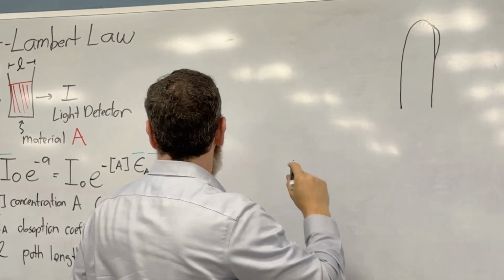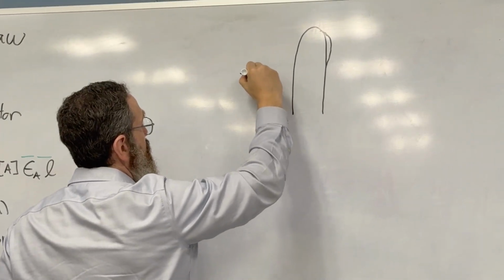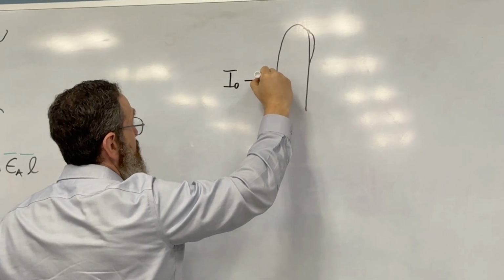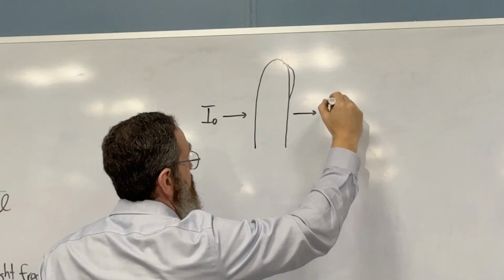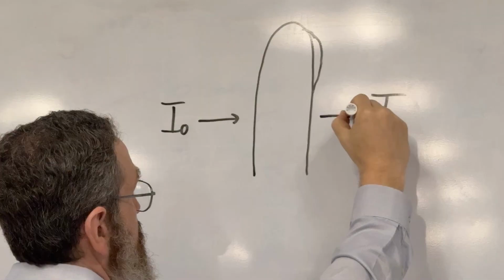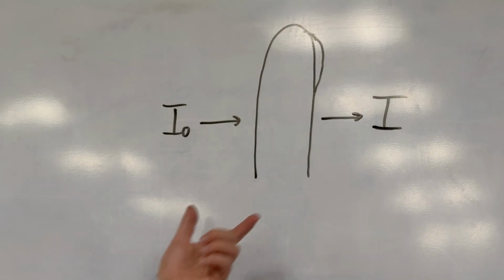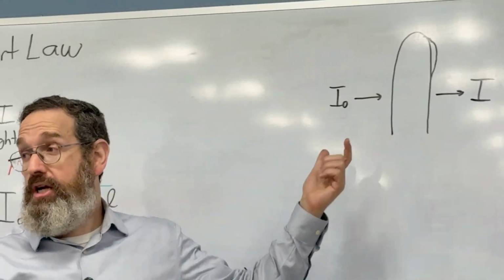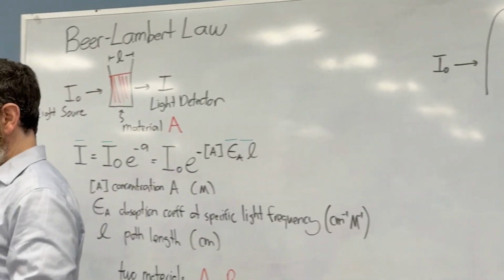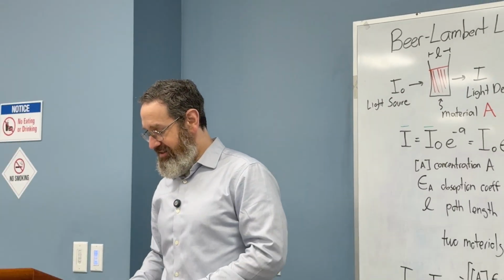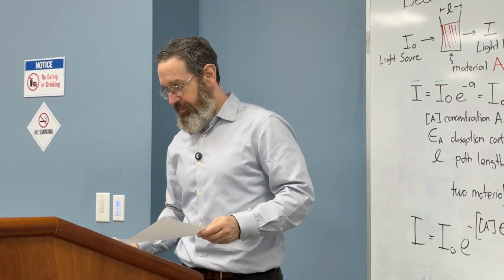I want to do a situation where I shine a light I0 into the finger, and I detect the light coming out. And I want to use this to know the concentration of something. Now, the thing I'm particularly interested in knowing the concentration of is the amount of oxygen in the blood.